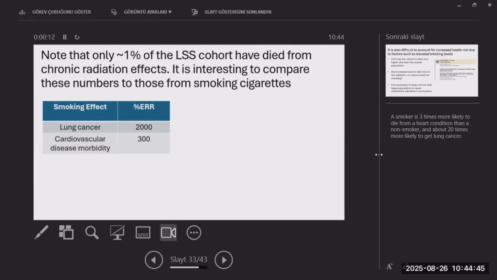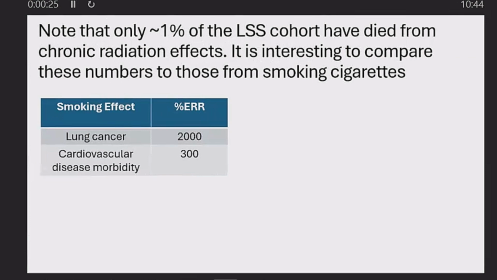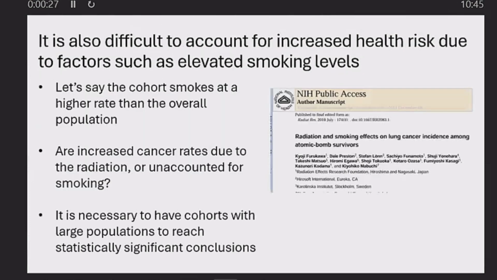So, at least looking at the data, it's worse to be a smoker than it is to be an atomic bomb survivor in terms of chronic risk. And it's also difficult to account for increased health risk due to factors such as elevated smoking levels.